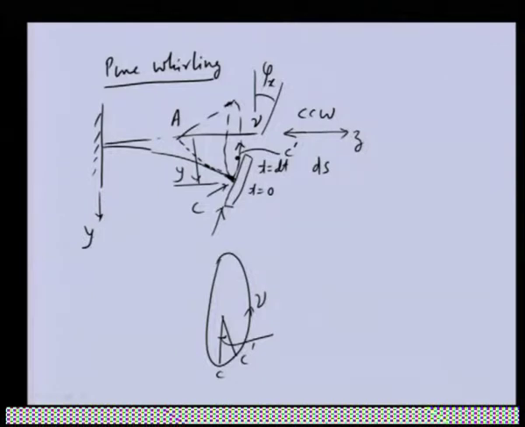So, tilting of the disc is given by phi x, and the translatory displacement of the disc is y. So, this particular angle will be nu into delta time t. This is the angle which the disc will traverse from C to C prime.